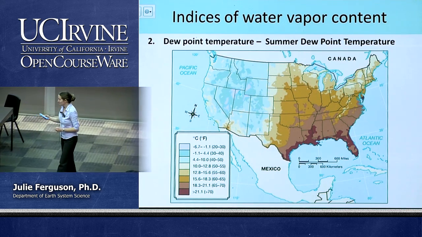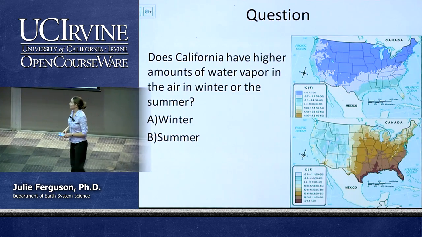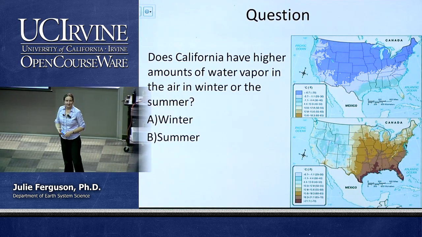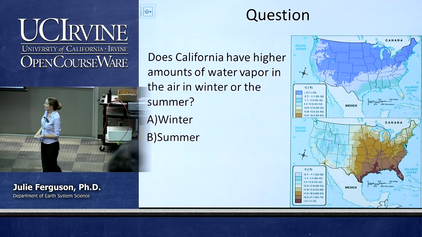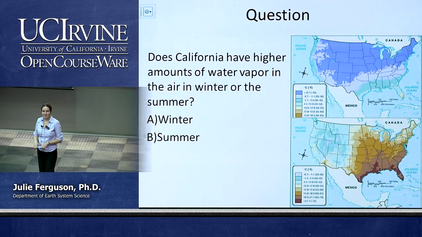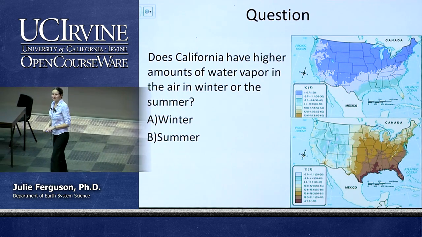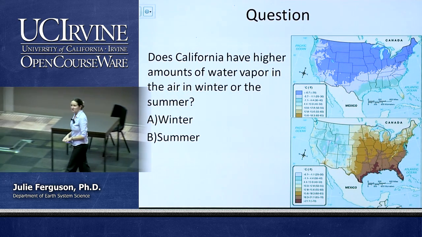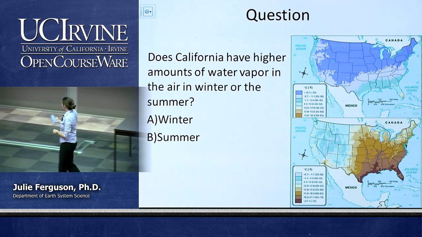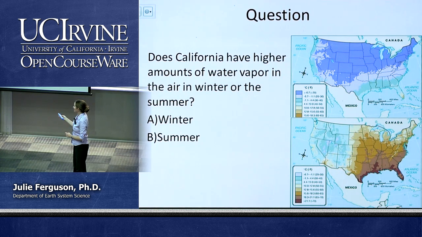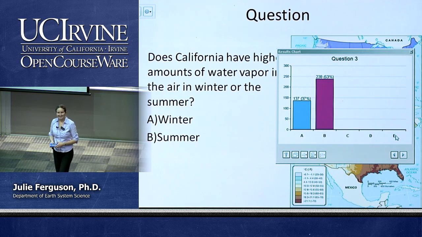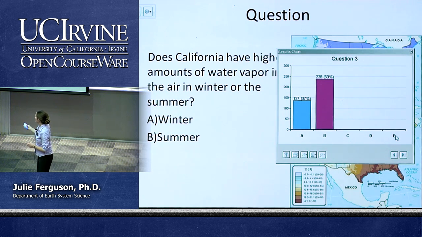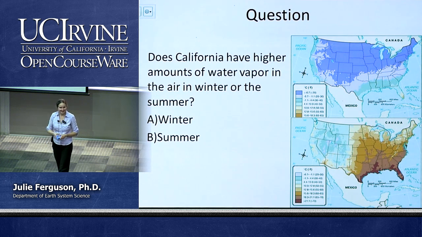Feels humid, right? So my second question of the day: does California have higher amounts of water vapor in the air in the winter or in the summer? There's a 50-50 chance, so see if you can use those maps and work it out. Okay. Summer is right.